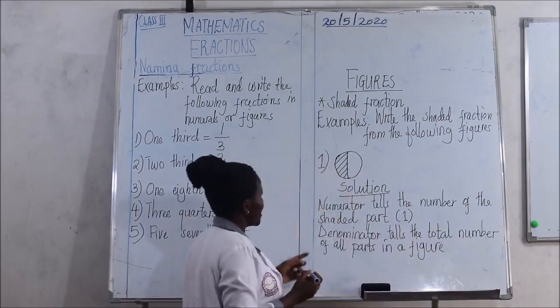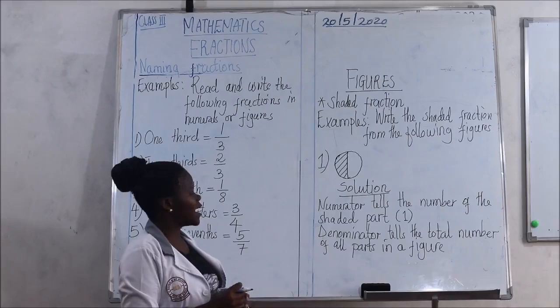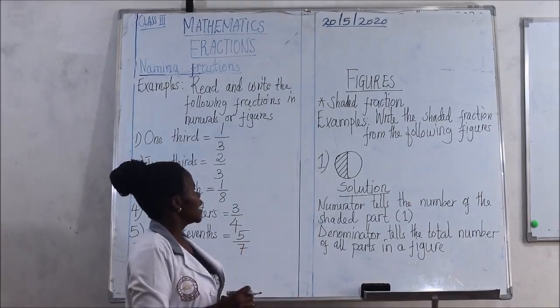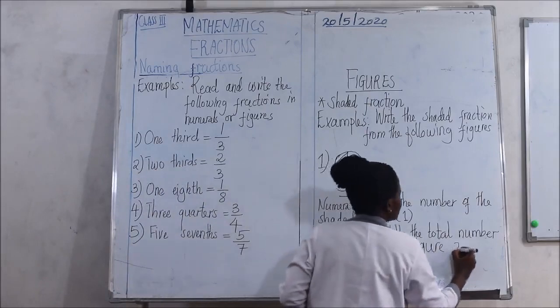So according to this, in this diagram the figure is divided into 2 equal parts. So here we have 1, 2, which is 2.